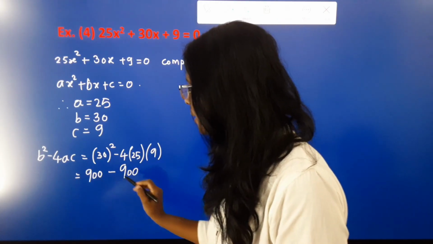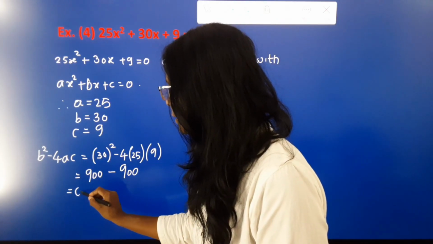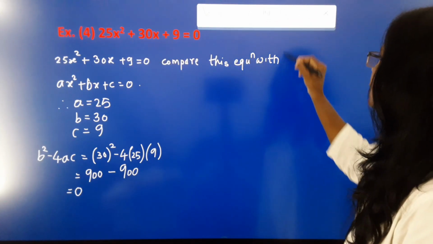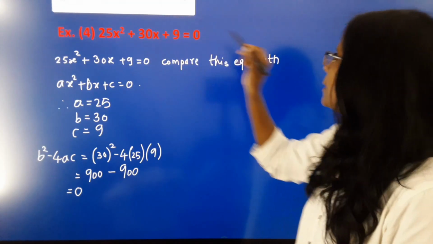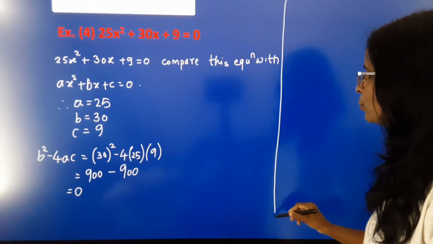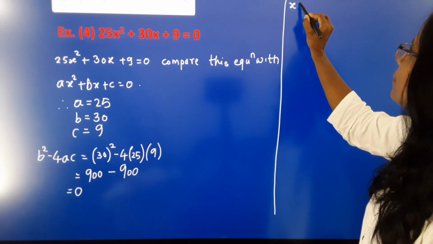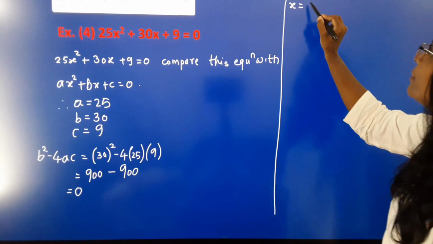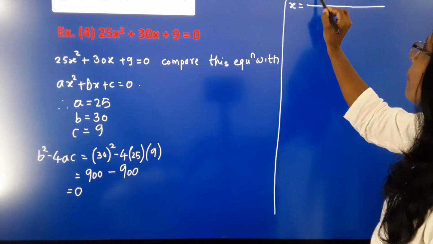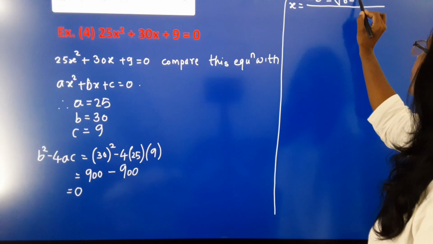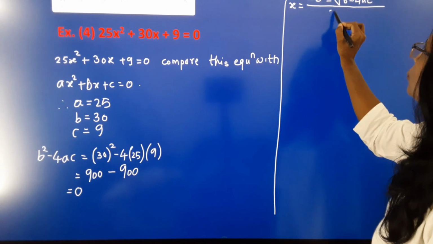So 900 minus 900 is equal to 0. Now the next step is to write down the formula in the x variable because our quadratic equation is in x. So x is equal to minus b plus or minus square root of b square minus 4ac upon 2a.